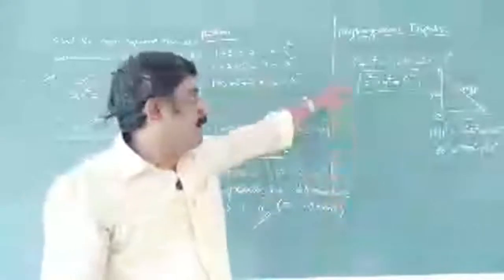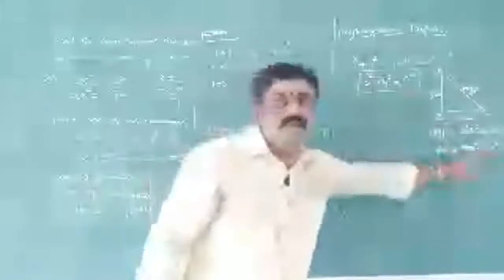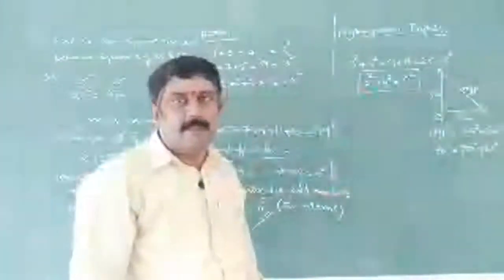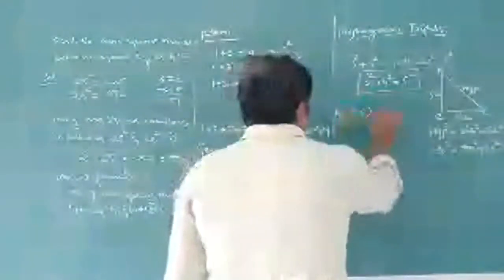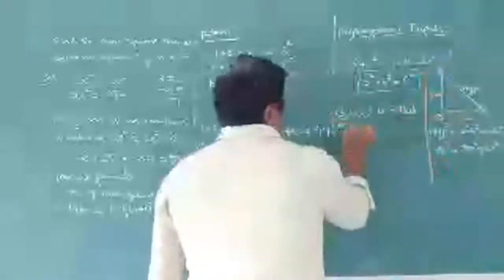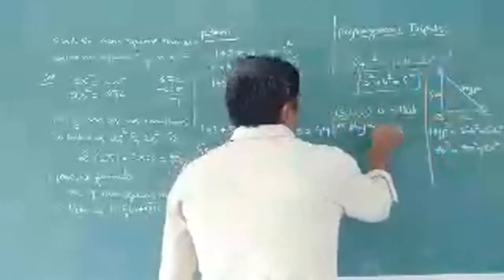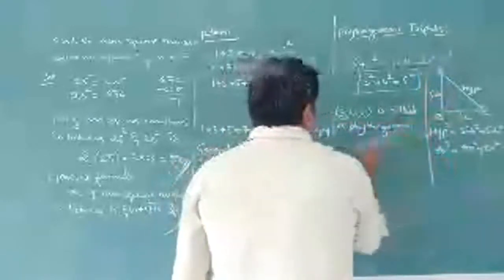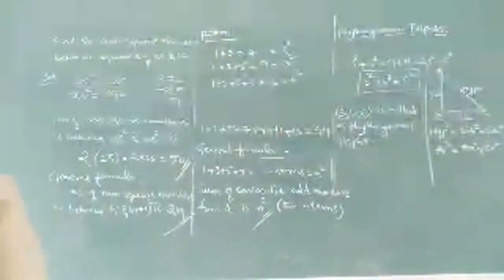Now these numbers satisfy this AC square. 5 square is nothing but 3 square plus 4 square. So that's why this is called a Pythagorean triplet. So 3, 4, 5 is called a Pythagorean triplet. So what is the general form?